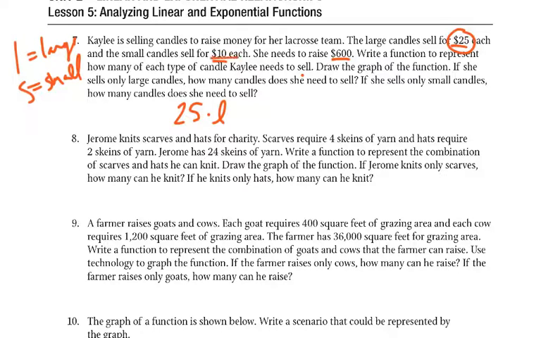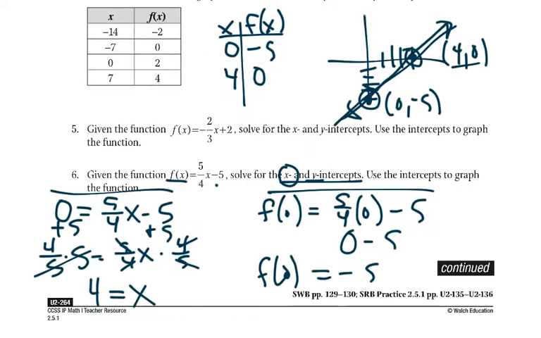Then, if I take 10 and times that by how many small ones I sell, that'll give me the cost. I add those together, that gives me the whole amount I'd get, which I want it to be equal to 600. Okay? So now this one's a little different than over here, but the same idea works.